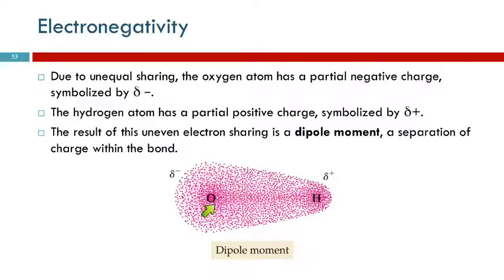The electrons are shared. So we have this uneven sharing, and that results in an uneven distribution of charge. So if the electrons spend more time over here, then this end of this bond becomes slightly negative. It's not a full -1 charge.